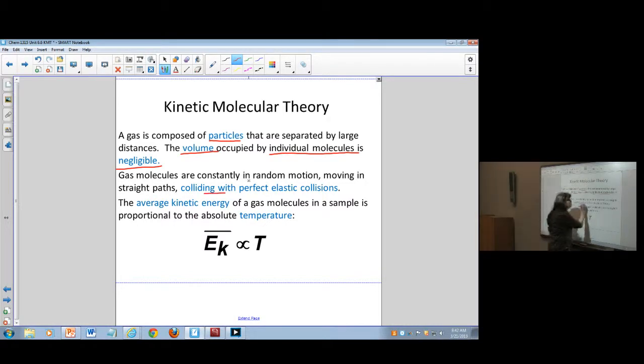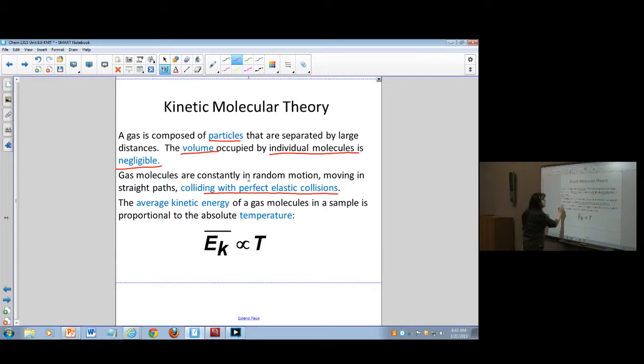Now, we're going to say that those happen with perfect elastic collision, which means that the energy is completely transferred when they actually hit each other. There's no loss in friction or any of those other things.